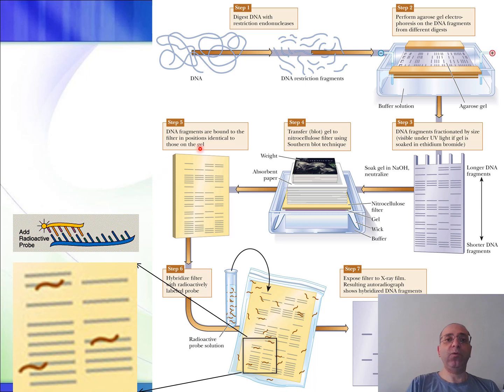Okay, then we take this membrane and we add a probe right here. Now, if there is a sequence within these DNA fragments that is complementary to the probe, what would happen is that the probe would bind to the DNA fragments on the membrane.